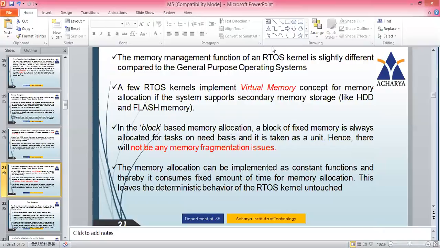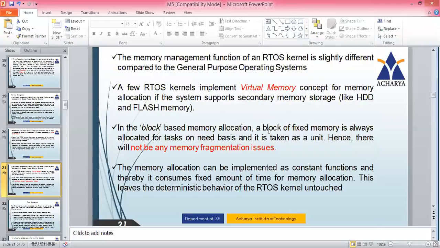Virtual memory means the addresses cannot be accessed by the user; the user will not know what the actual physical address is. If the RTOS implements the virtual memory concept, then usually it is to support secondary storage devices like HDD, hard disk drive, and flash memory. Usually when they make use of these kinds of memory, the virtual memory concept is implemented by the RTOS.